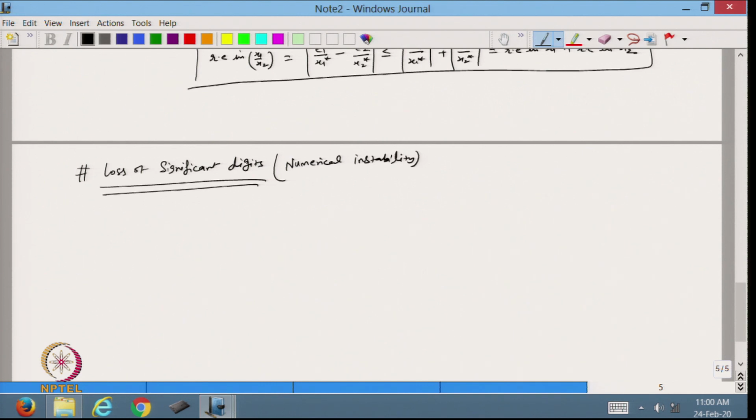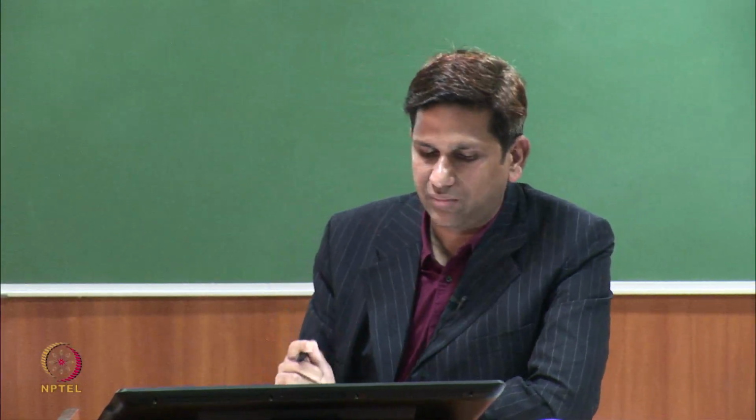At the start we introduce some rounding error or chopping error, and those errors will grow as we do the computation. Sometimes my results become unbounded, or they tend to diverge. In that case we say that our computation is numerically unstable. Otherwise, if it gives the correct answer, we call it numerically stable.